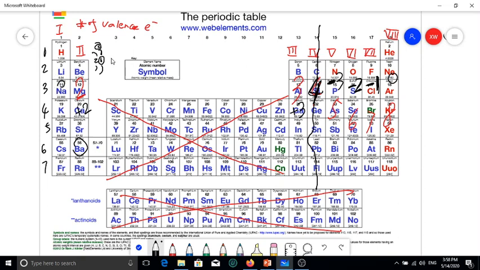Sodium has 11 electrons, so the atomic diagram is going to be 2, 8, 1. It also has 1 valence electron, but this valence electron is located on the third layer, which corresponds to period number 3. Potassium is number 19, so if you picture the atomic diagram, it's going to be 2, 8, 8. That's 18, plus 1 more electron. So potassium also has 1 valence electron, but it's on the fourth layer, which indicates potassium has 4 electron layers.